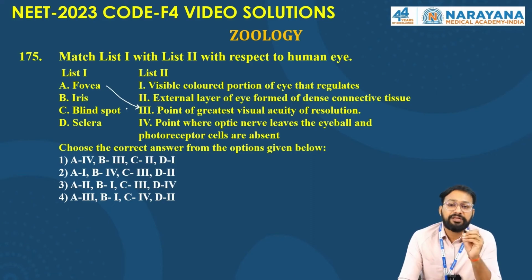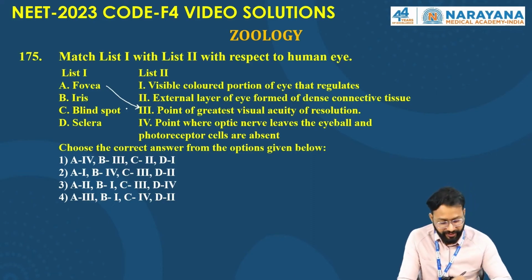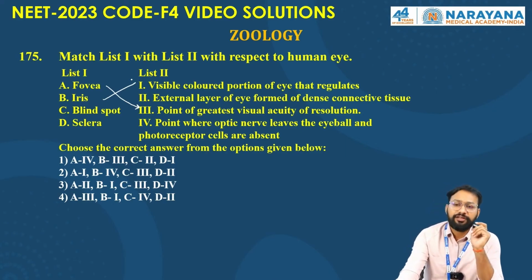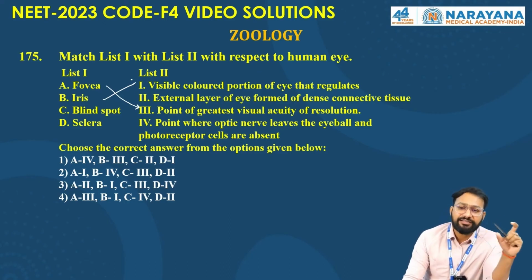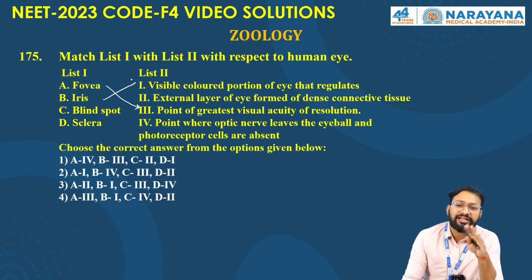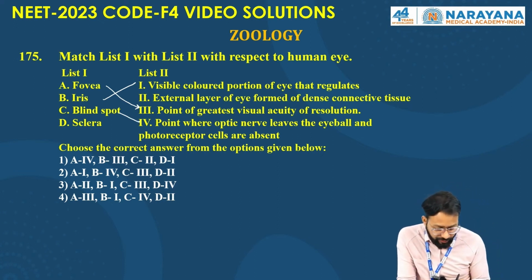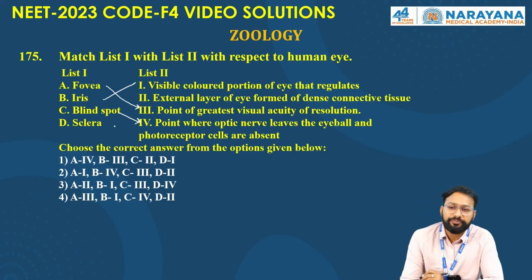Iris is the visible colored portion of the eye. Then blind spot is the area from where the optic nerve arises. Over there photoreceptors are absent, image would not be formed. So C will be 4.